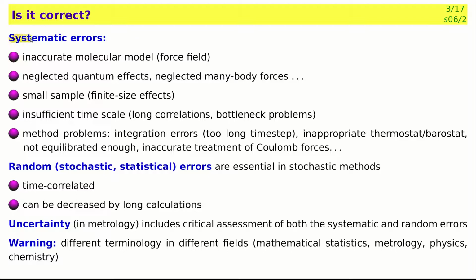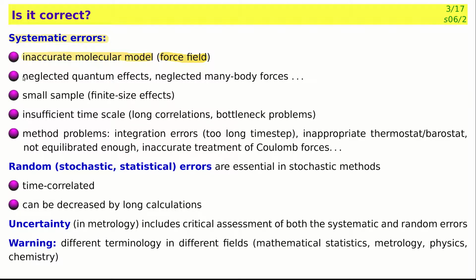We have systematic errors. Of course, they are important. We may have an inaccurate molecular model or force field. It's difficult in principle to have a very accurate molecular model. Always we are doing compromises. Often we are using classical mechanics.